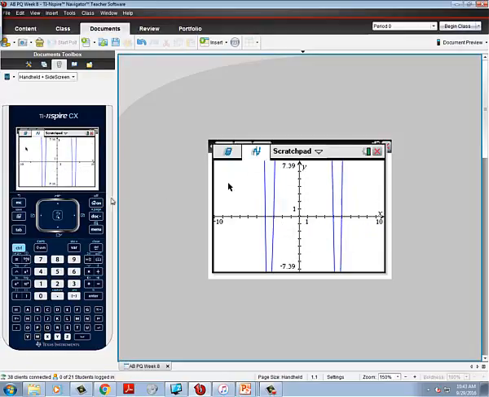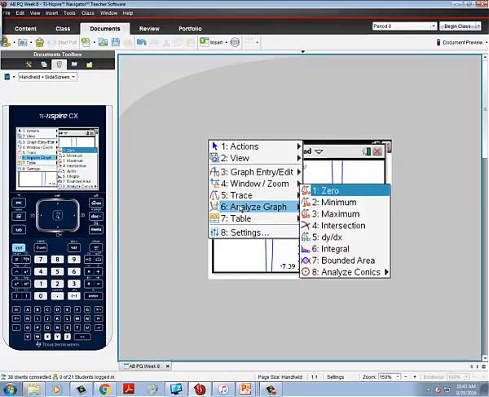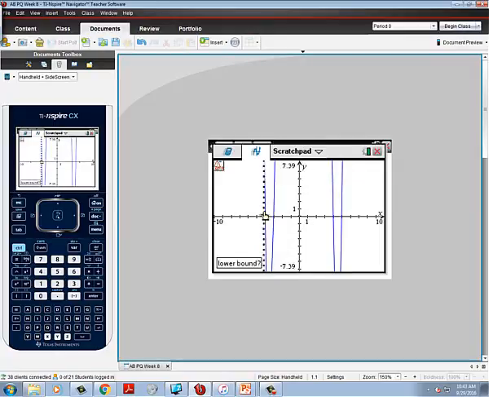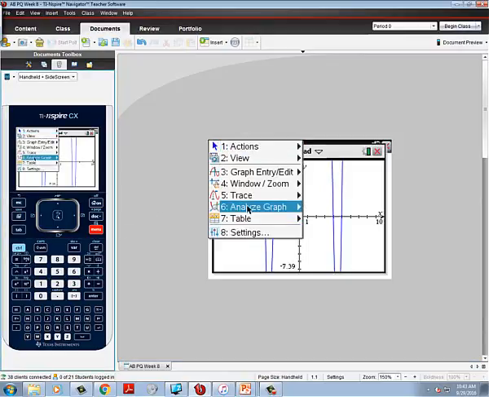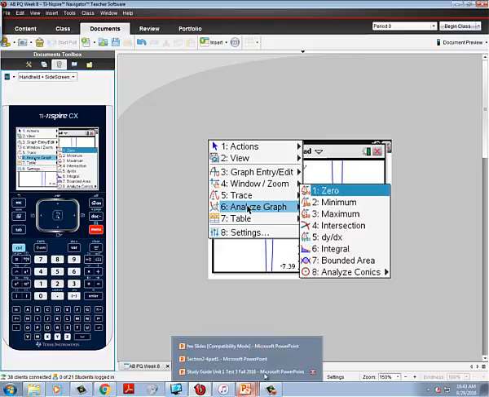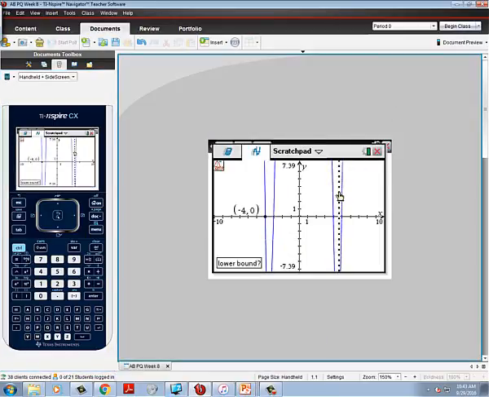So to do that, you go to menu, analyze graph, 0. And then you go to the left of it and the right of it, and there's one of our zeros. I believe you only have to type in the x values on the test. So analyze graph, 0, to the left, to the right. Lost it completely.